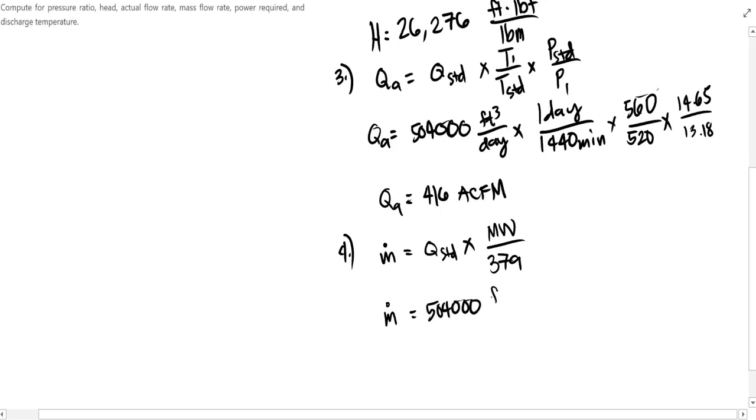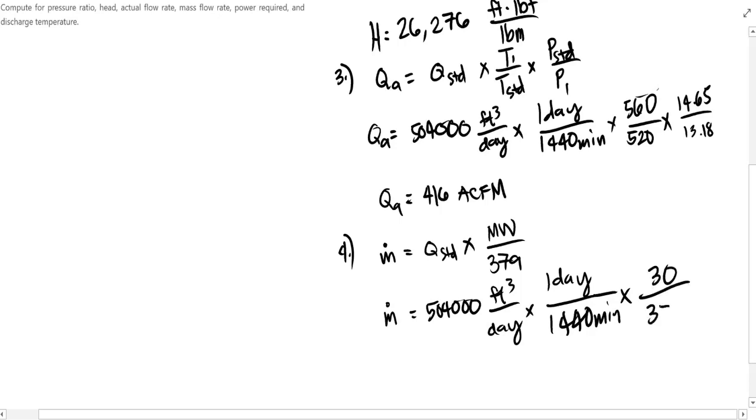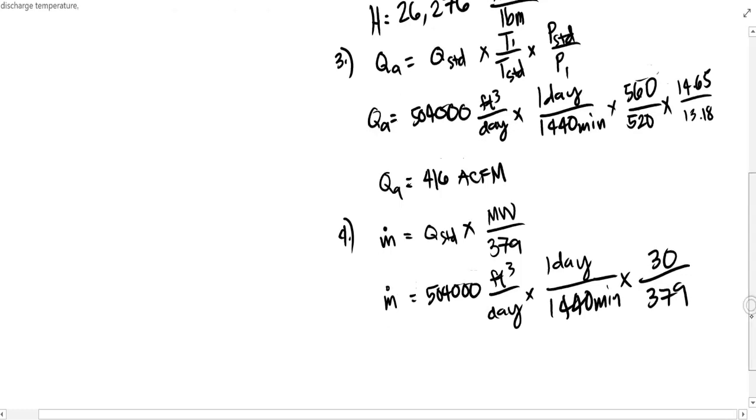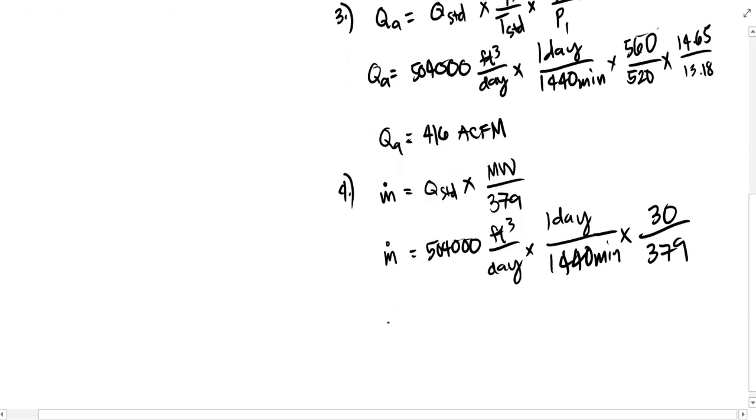Pero per day yan. So feet cube per day. So convert ulit natin to minute. 1440 minute. Okay, so times molecular weight ng air is 30 divided by 379 feet cube per pound mole. So finally we have mass flow rate of 27.7 pound mass per minute.